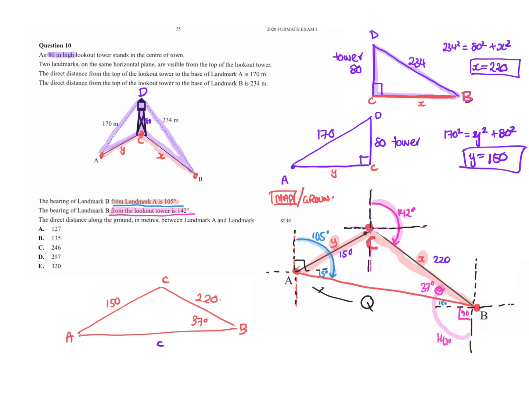So I'm going to need another angle. So I'm probably going to have to use this triangle, get another angle, and then maybe use the cosine rule. So I'll do this on the next page.